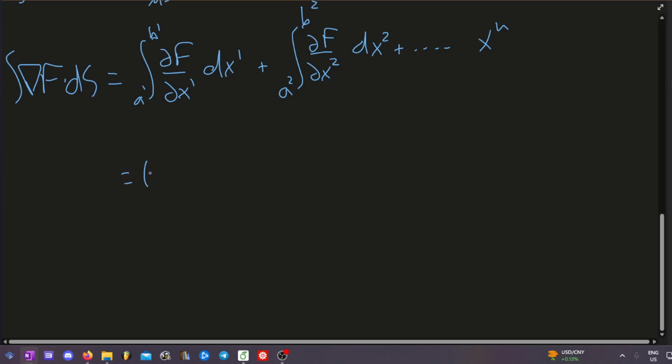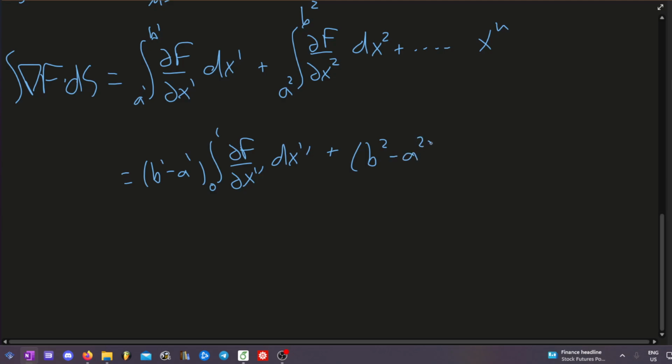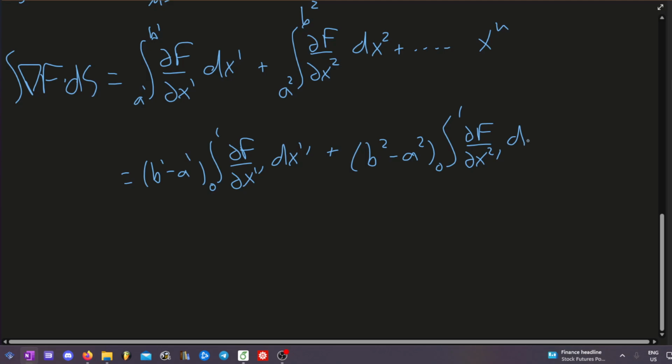The first integral, remember, we get that factor of b1 minus a1 out front, and then the integral from 0 to 1 of del f by del x1 prime dx1 prime, plus b2 minus a2 times the integral from 0 to 1 again of del f by del x2 prime dx2 prime, all the way up again to xn.